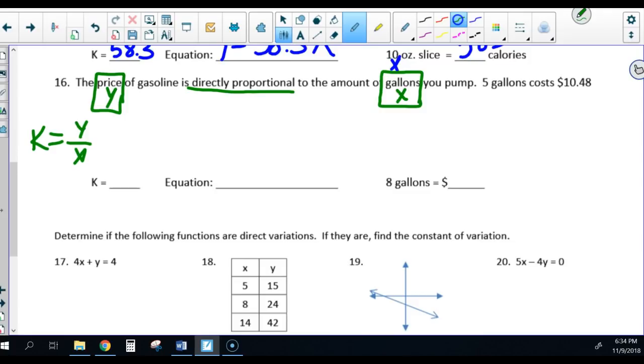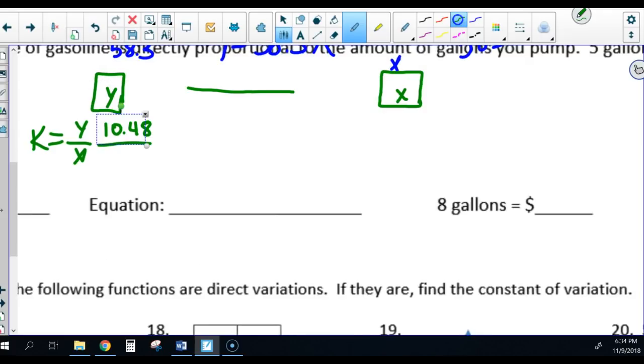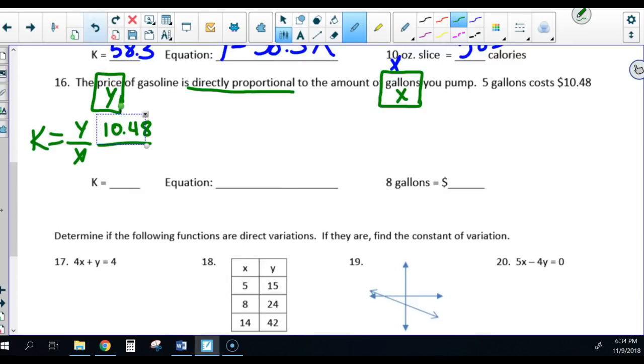Y is the price, $10.48, divided by x. X is gallons. Gallons is 5. So 10.48 divided by 5 is 2.096. I'm going to round that up to 2.1.